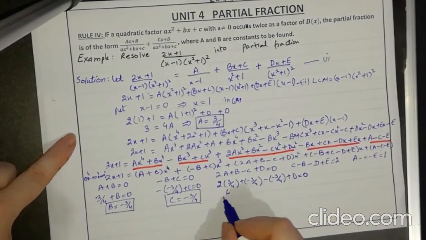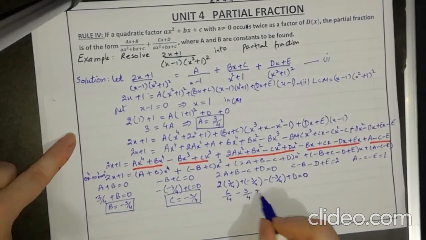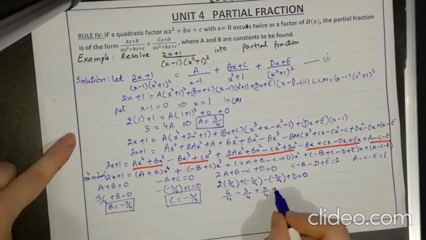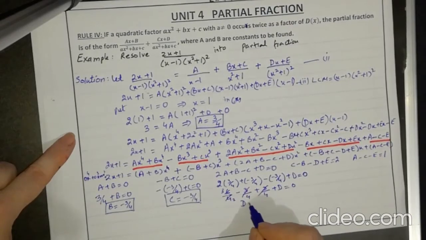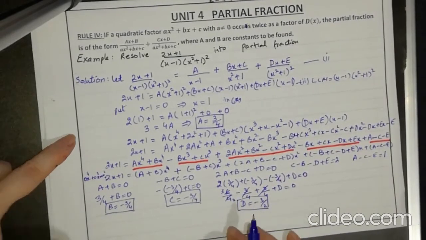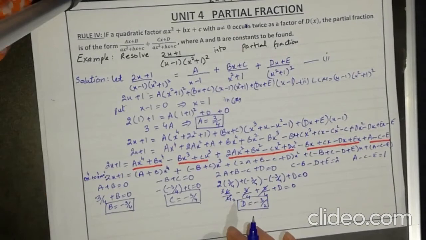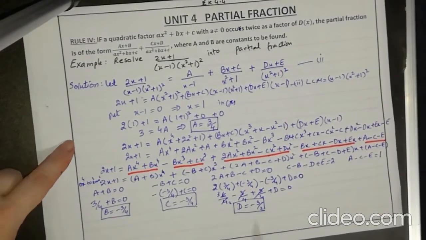Now 2 3s are 6 over 4, minus 3 by 4 plus 3 by 4, plus d is equal to 0. This cancels. 2 3s are 6, 2 2s are 4. So now d is equal to minus 3 by 2. So now we have the value of d also.